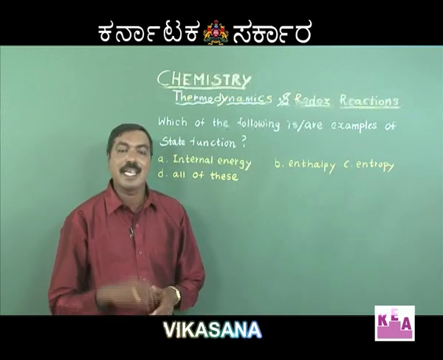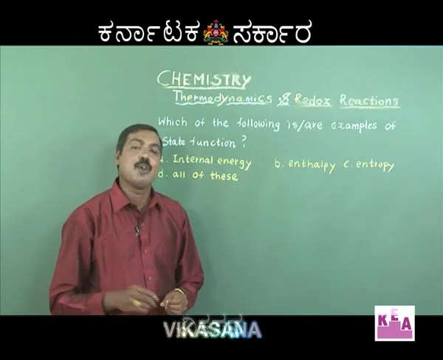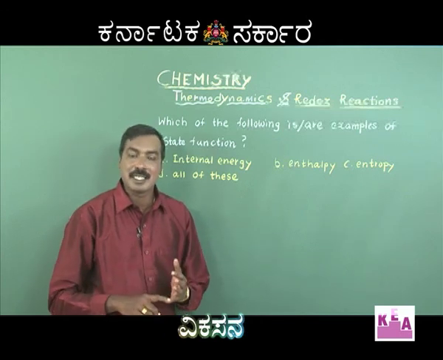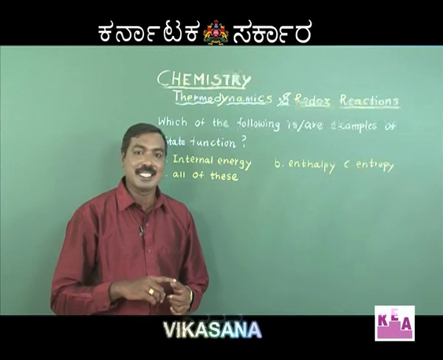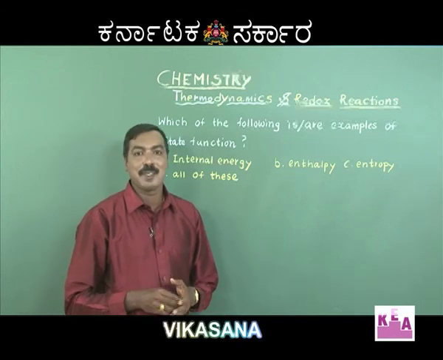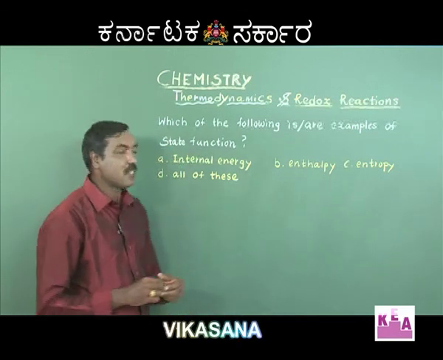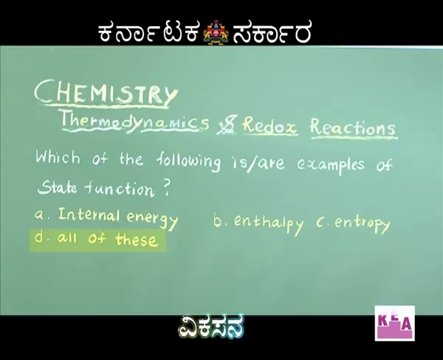Examples of a state function: all forms of energy, mass, pressure, temperature, volume, density and plenty more. Therefore, the answer is all of these: internal energy, enthalpy, entropy are examples of state functions.